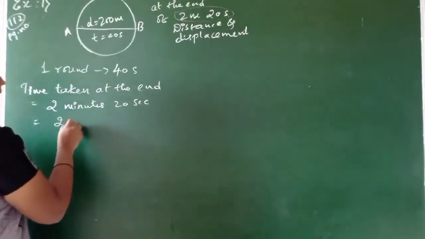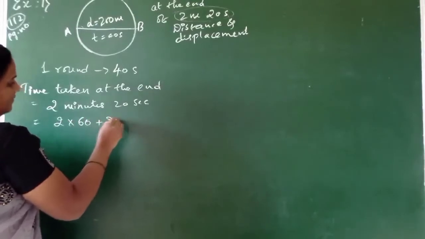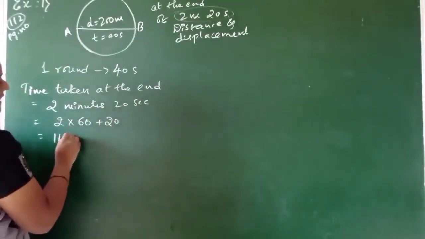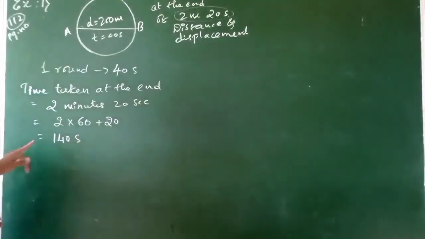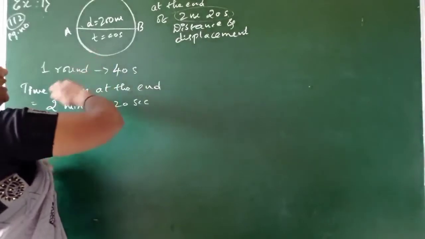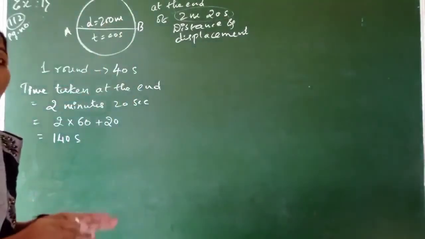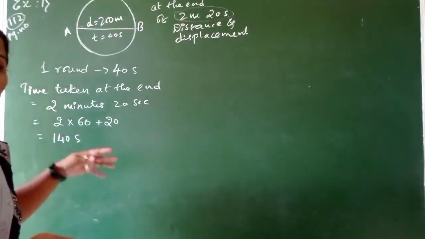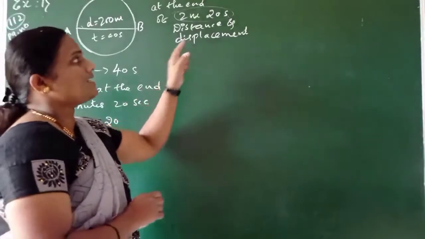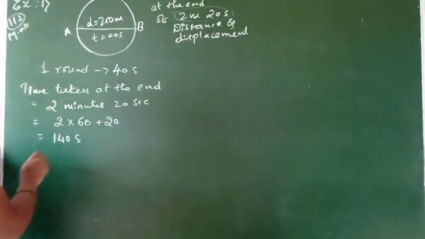Yes, 2 into 60 and another 20 seconds, which means how much, children? 120 plus 20, 140 seconds. So, at the end of 140 seconds, how many rounds he has completed, we need to know. By doing so, we will get the values of distance and displacement. Is it understood, children? Okay.